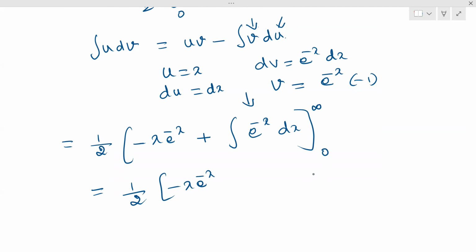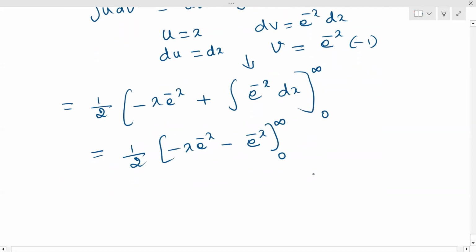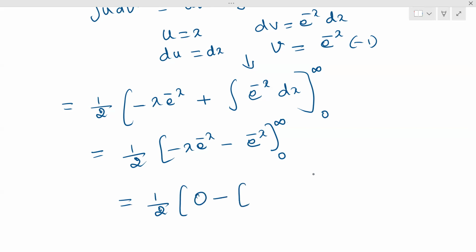Integration of e power minus x is minus e power minus x. Now we apply the limit. When we apply the upper limit, e power minus infinity is 0, so both terms are 0. When we apply the lower limit x equal to 0, the first term is 0 and e power 0 is 1. So, the answer is 1 by 2.